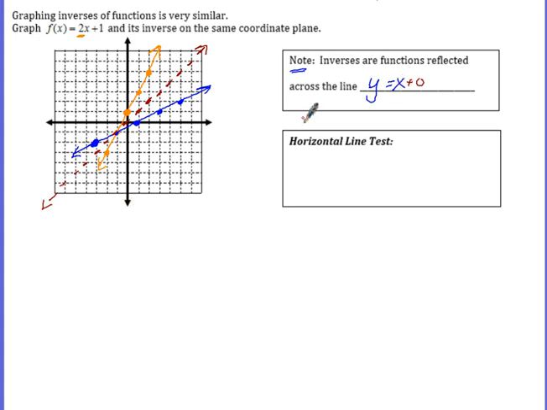Another interesting thing about inverses is the horizontal line test. So last day we talked about the vertical line test. If a function has a vertical line that goes through it more than once, it's not a function. Well, similarly, the horizontal line test tells you if the inverse is a function.